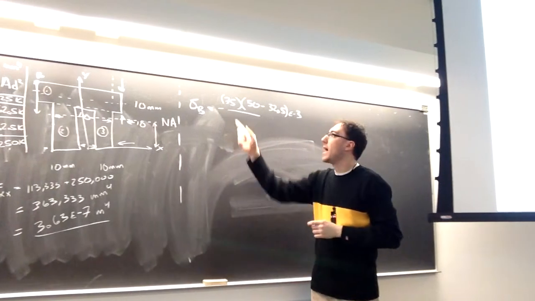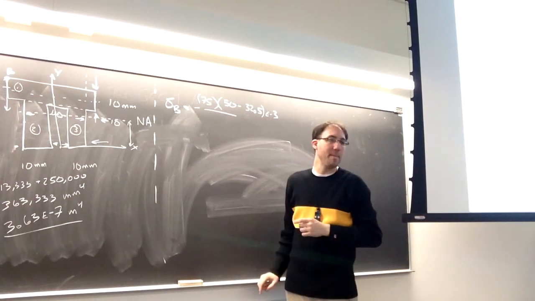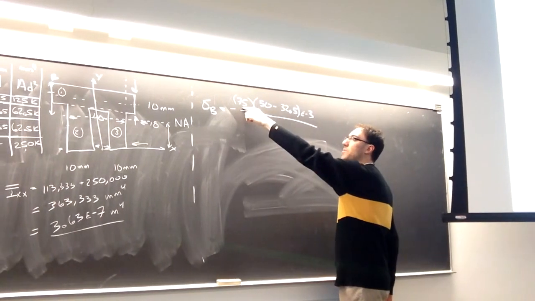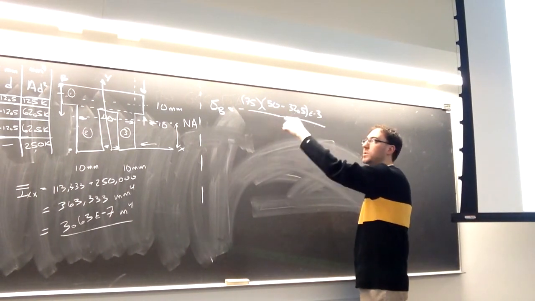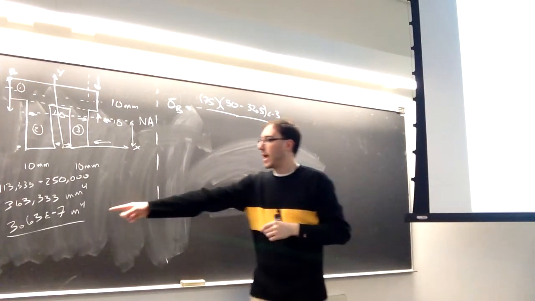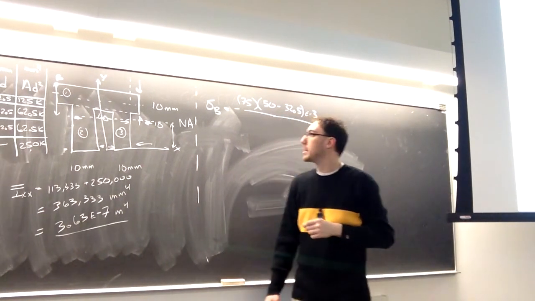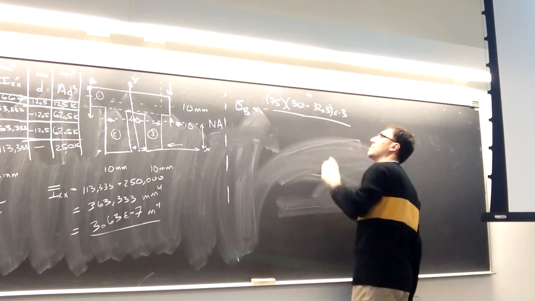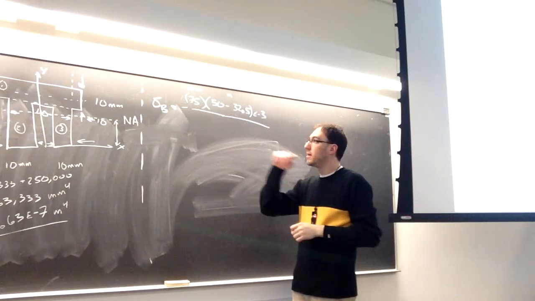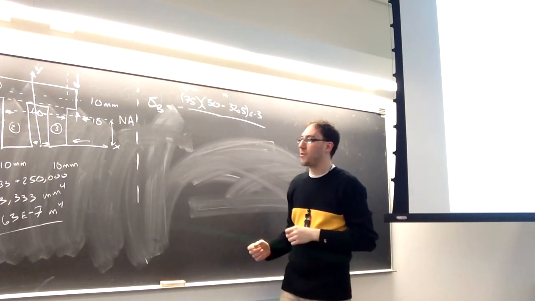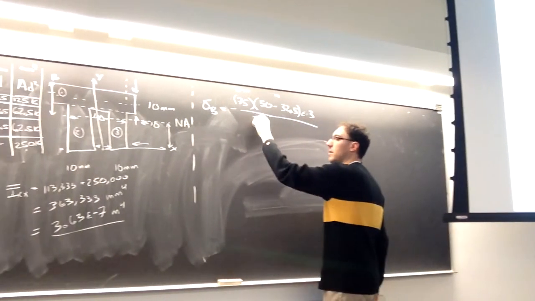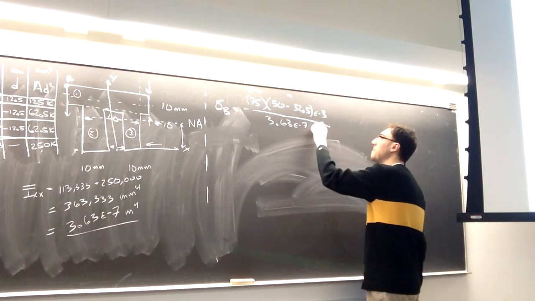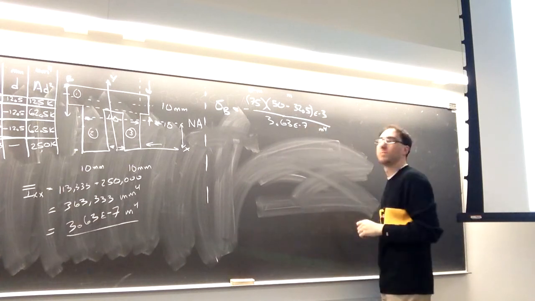It's positive, and I want to convert that to meters, so it's times 10 to the negative 3. That way, this is in Newton meters, this is now in meters, and my value of I has been converted to meters to the fourth power. Finally, I'm dividing this by the value of I that we just found, 3.63 times 10 to the negative 7 meters to the fourth.